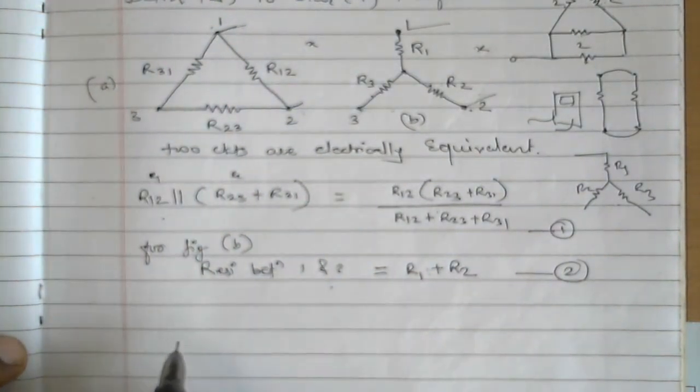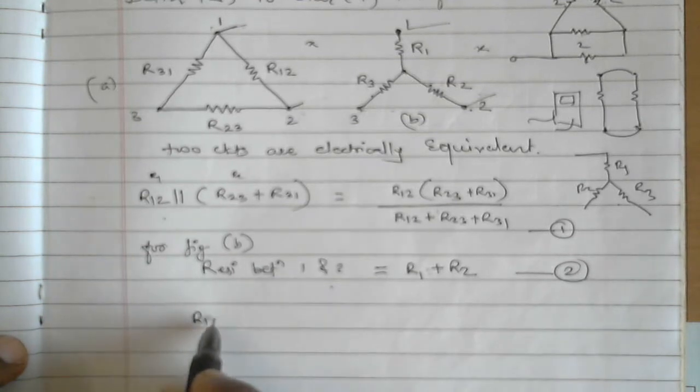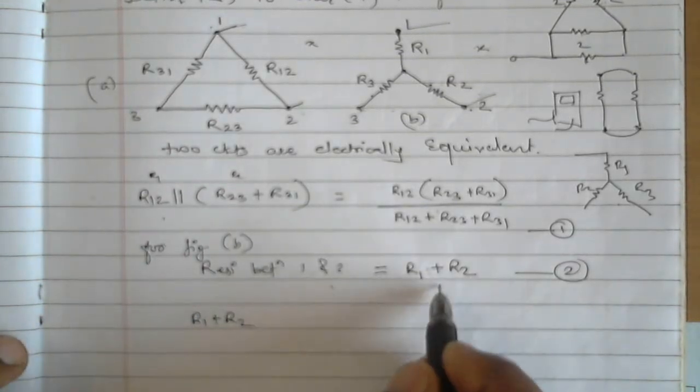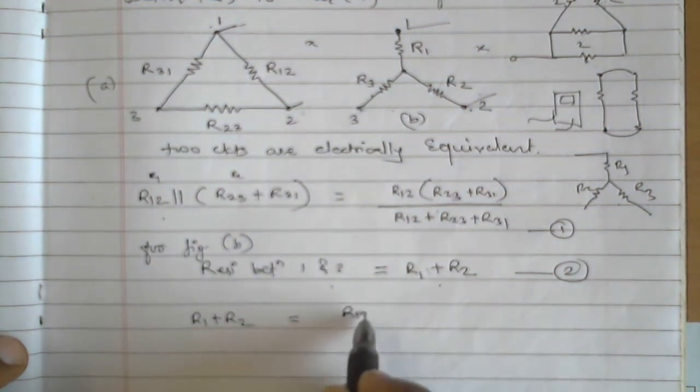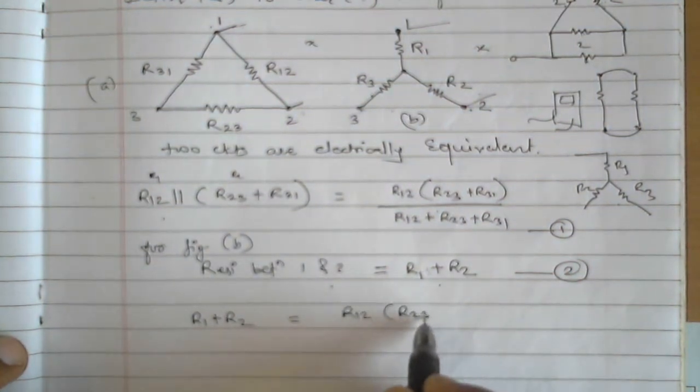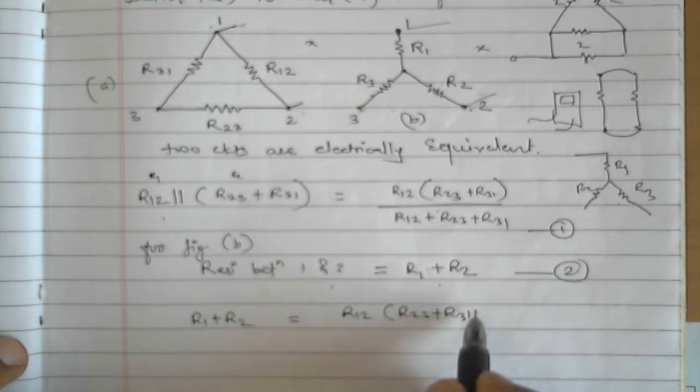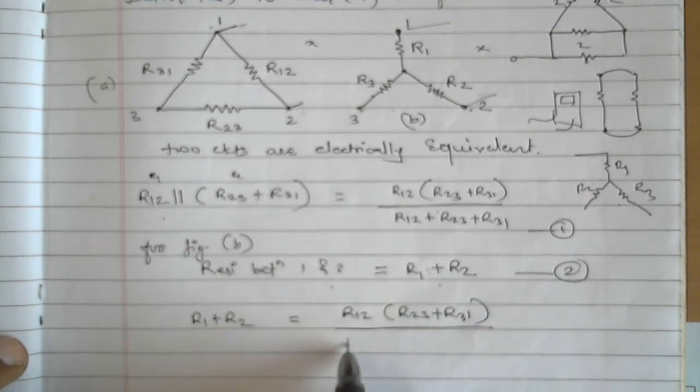So I can say R1 plus R2 on the left-hand side equals the right-hand side, R12 into R23 plus R31 divided by R12 plus R23 plus R31.